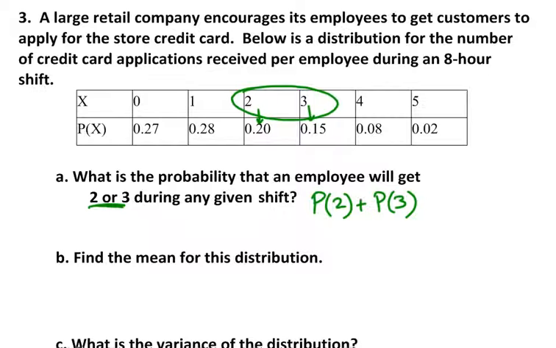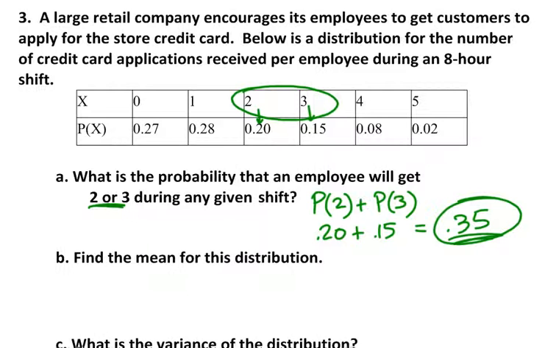The probability of 2 would be 0.20 and the probability of 3 was 0.15. So we just add those two together and we see that the probability of 2 or 3 is equal to 0.35 or 35%. Meaning there's a 35% chance that either 2 or 3 people are going to sign up for the credit card during an 8-hour shift.